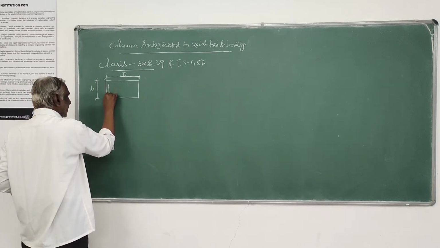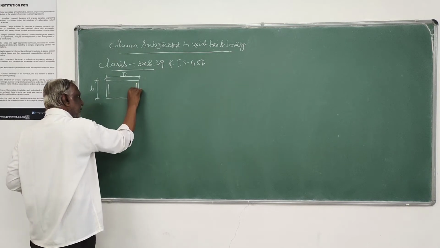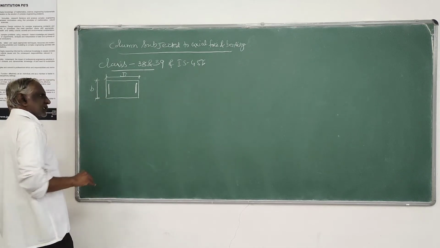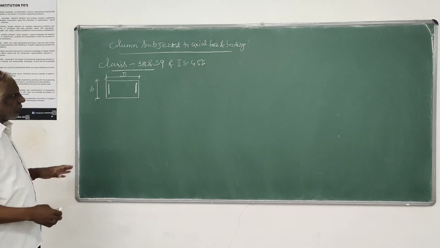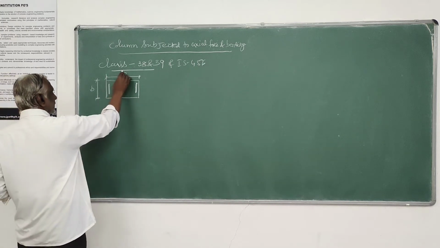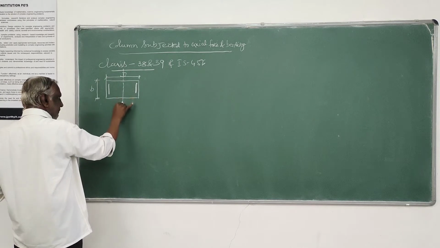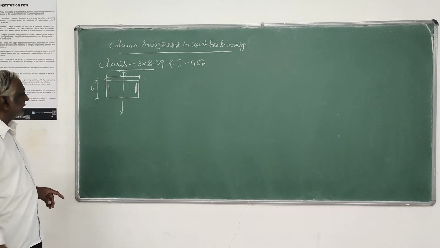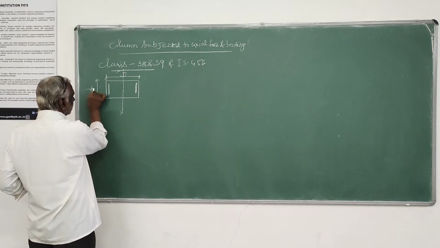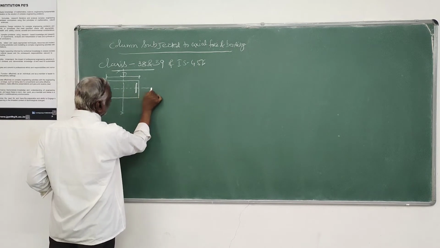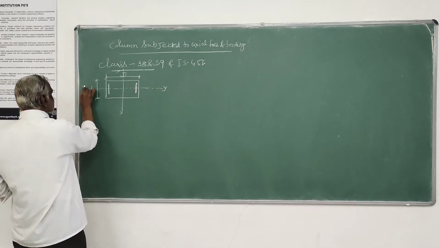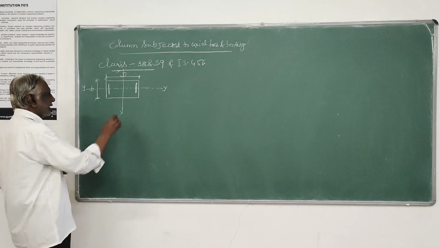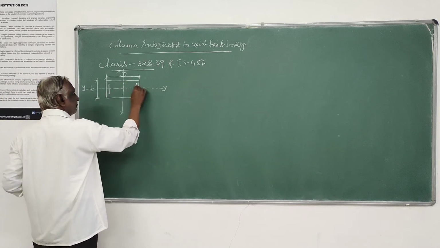For the time being, I will take it on only the two parallel faces, that is parallel to the short edge, when the column is subjected to bending about the major axis. So the major axis is this x-axis, the axis parallel to the shorter dimension, we call it the major axis. Another axis normal or orthogonal to that, we call it the minor axis.